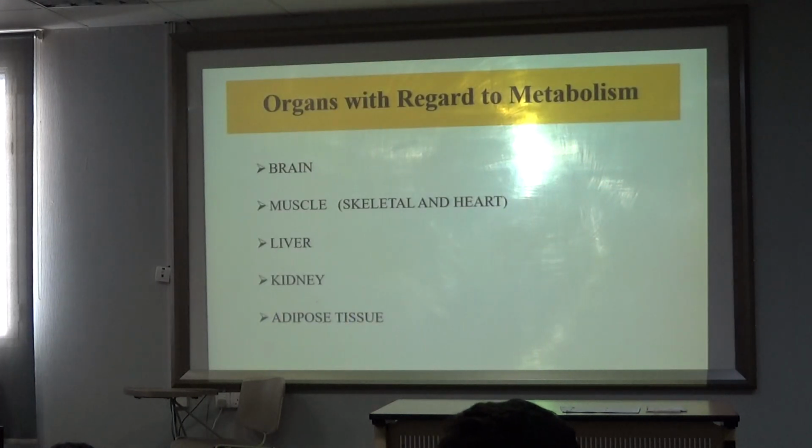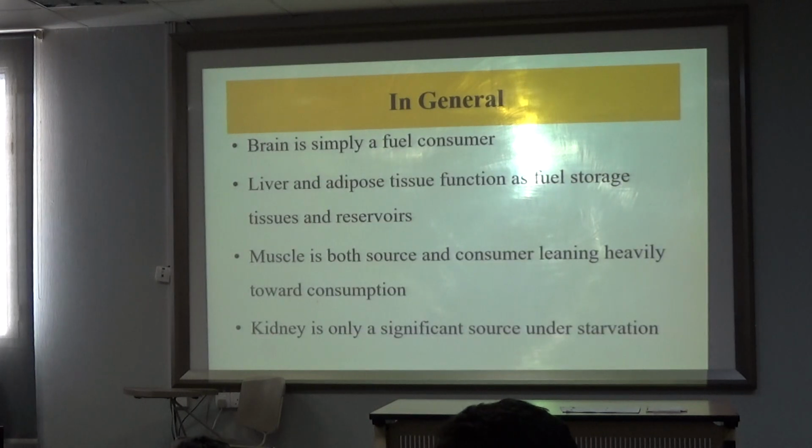Okay, the organs that are involved. The brain, the most important one, present in everyone but least utilized. Muscles, liver, kidney and adipose tissue. We will see them quickly one by one. But in general, the brain is a simple fuel consumer, a white elephant.